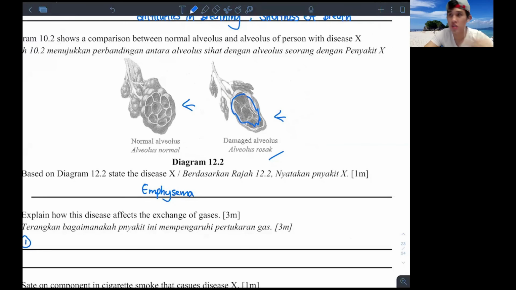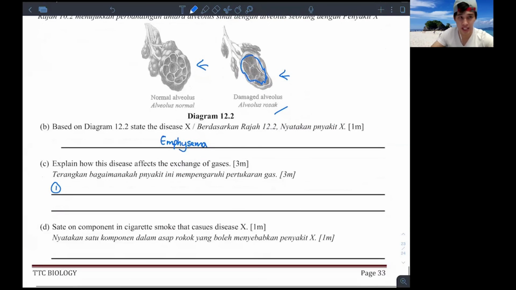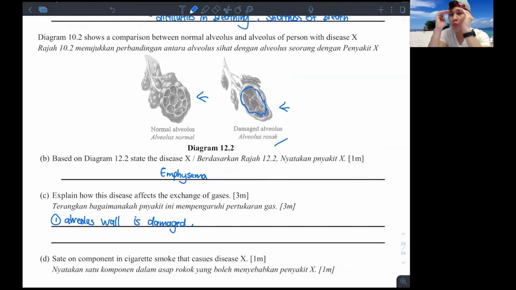Because of the cigarette smoke, which contains tar and nitrogen dioxide, you must say that the alveolar wall is damaged. The cells and tissues break down because of the tar, nitrogen dioxide, and all. Before we say surface area decreases, you must mention that the wall loses elasticity, and then breaks down.